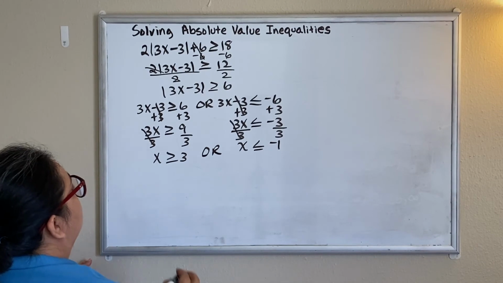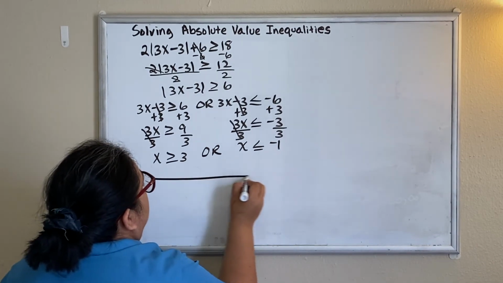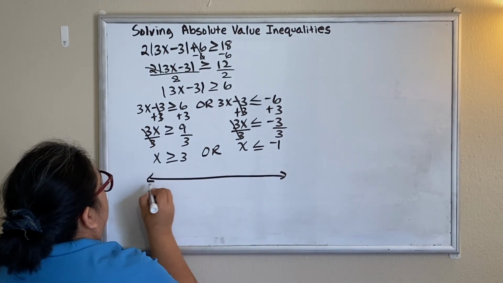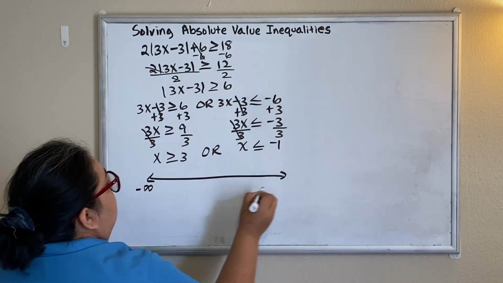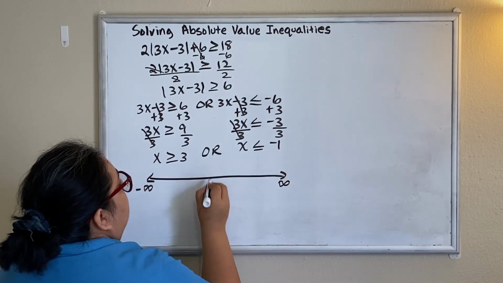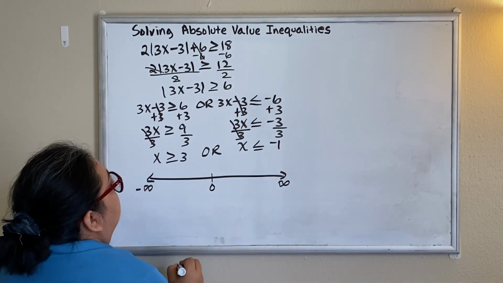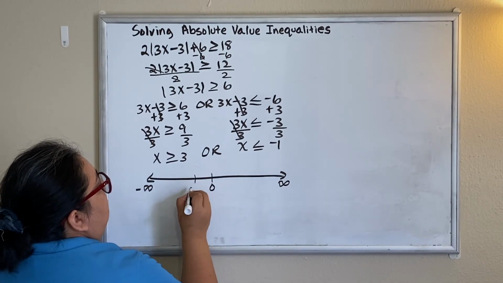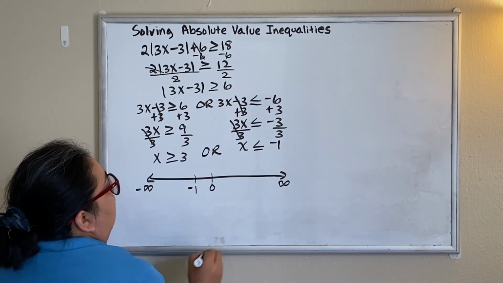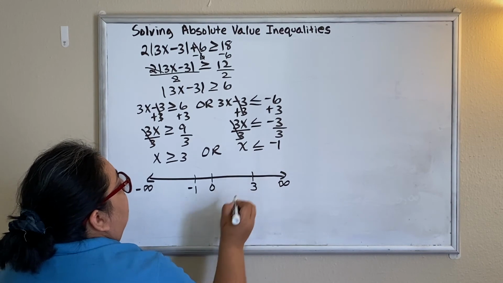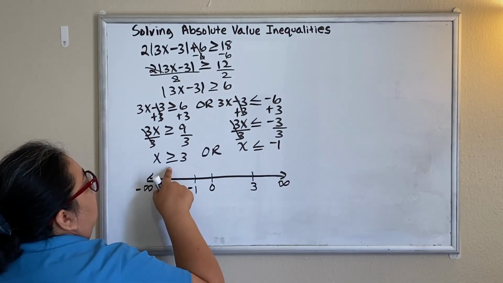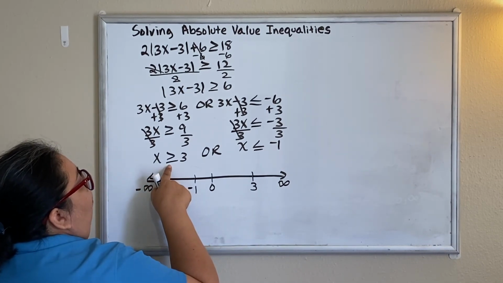So now on our number line, we're going to start at negative infinity, go to positive infinity with 0 in the middle. Negative 1 is going to be over here somewhere. And then positive 3 is going to be over here somewhere. This is greater than or equal to.